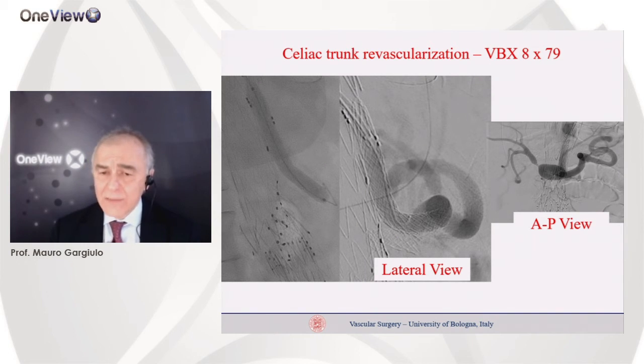And another very important point that I want to stress: this was the final angio at the end of the deployment of the VBX, and you can see the distal segment of this stent graft in the lateral view, and you can see that the distal stent graft is like an elephant trunk inside of the celiac trunk, because we used 8 millimeters, but the celiac trunk diameter distally, above the bifurcation, is about 10, 11.